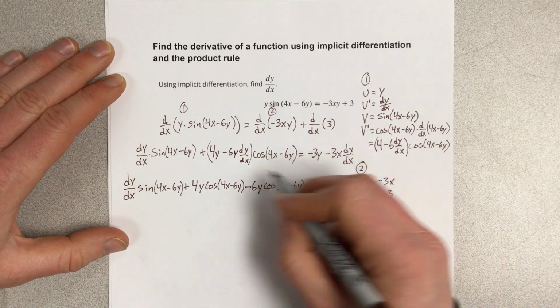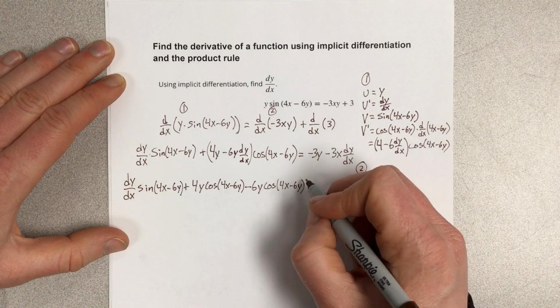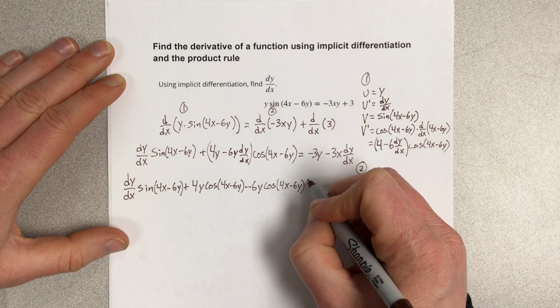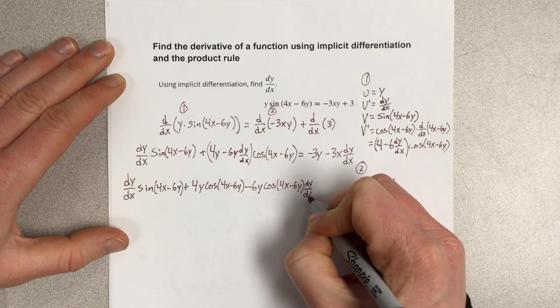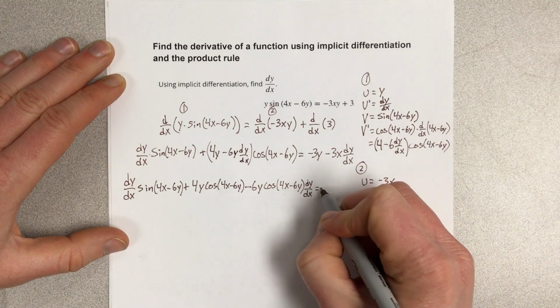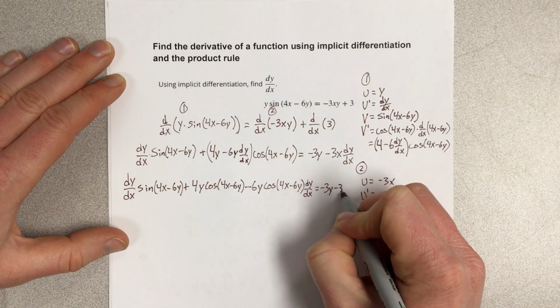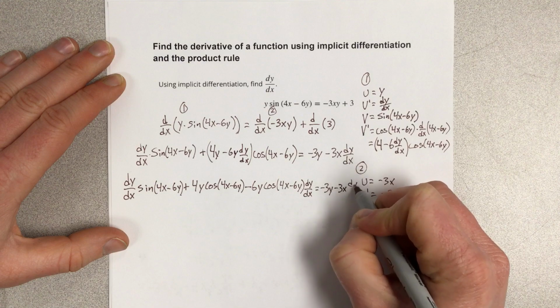I don't really like writing the dy/dx piece behind here, but that's what we're going to do. And then that's equal to negative 3y minus 3x dy/dx.